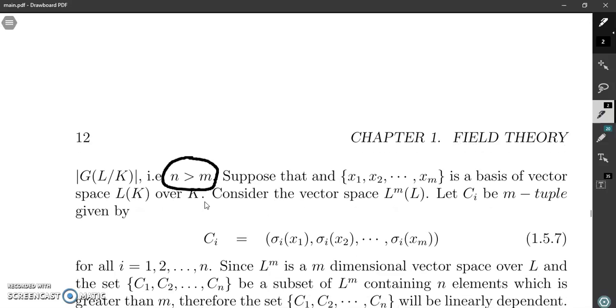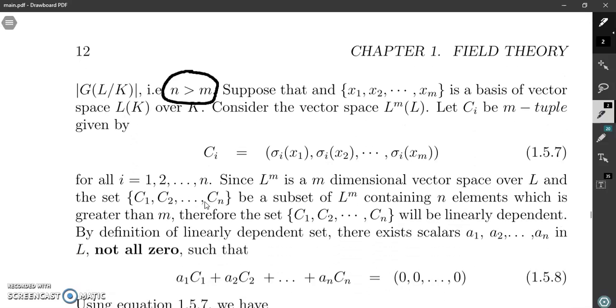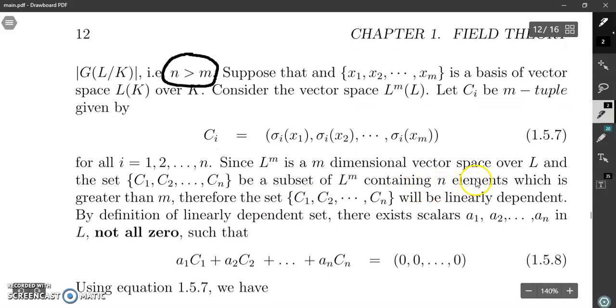So here we use that result. Since L^m is an m-dimensional vector space and this set contains more than m elements because n is greater than m, this set will be linearly dependent.